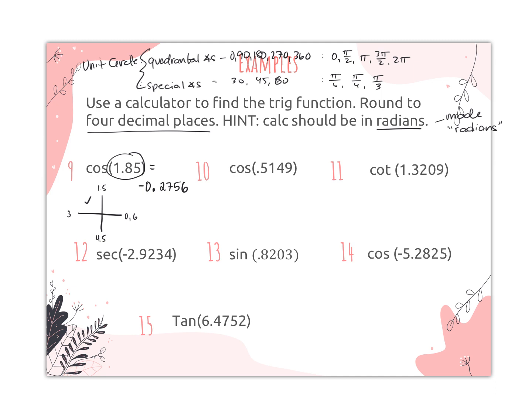But again, you're using your calculator, so we've got 0.5149 as the value. We want the cosine of that, and we get 0.8703. That's our cosine. And once again, think about your angles.